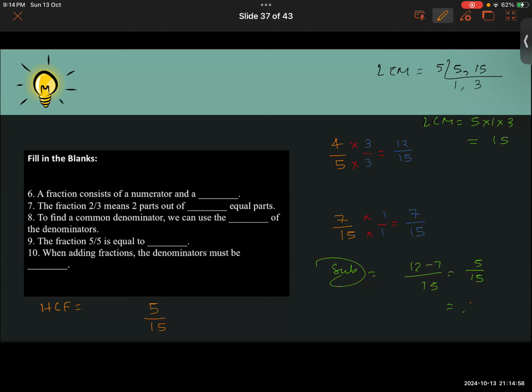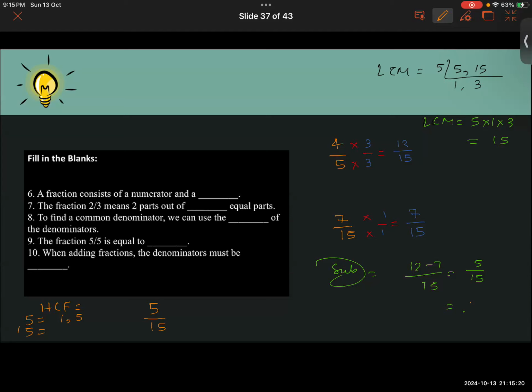75? No, not 75. How can it be 75? HCF is the highest common factor. For the number 5, the factors are 1 and 5 only, right? For the number 15, what are the factors of 15?